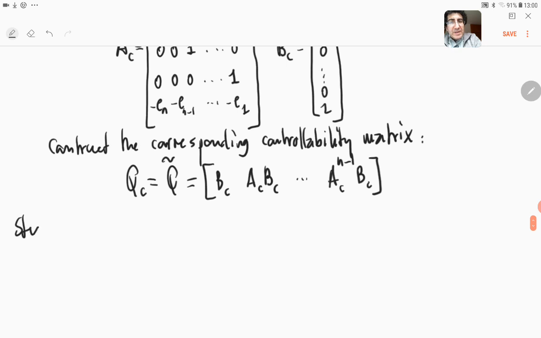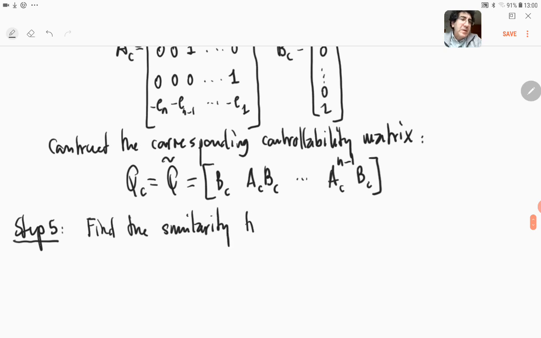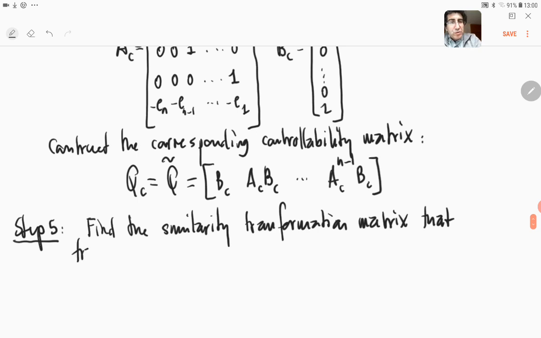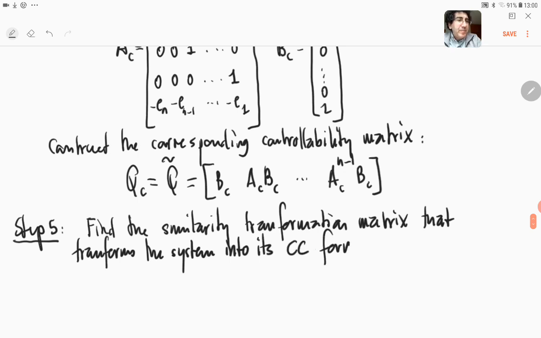The next step, step 5: find the similarity transformation matrix that transforms the system into its controllable canonical form.